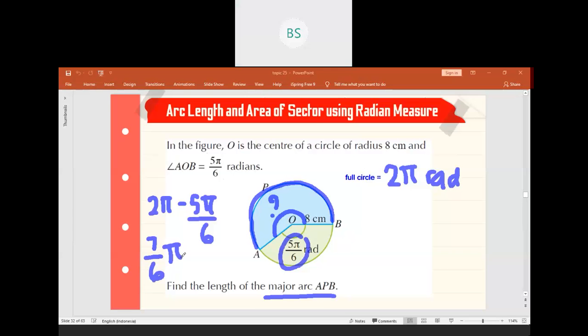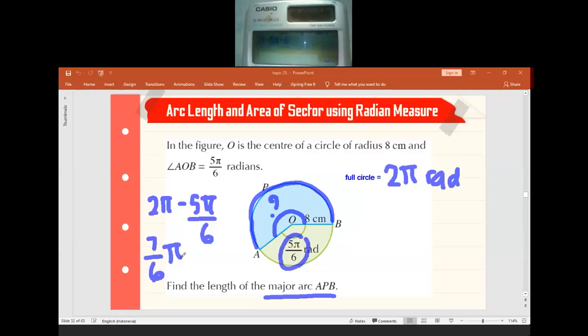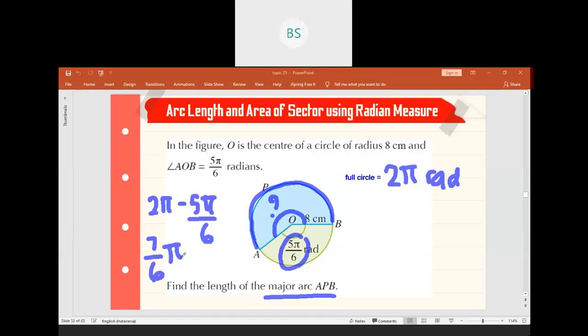Click the button 2 and then shift something to get the pi. Minus 5, shift something to get the pi, divided by 6. My calculator is broken, really. Oh, divided like that. Yes, so you can write it like this.